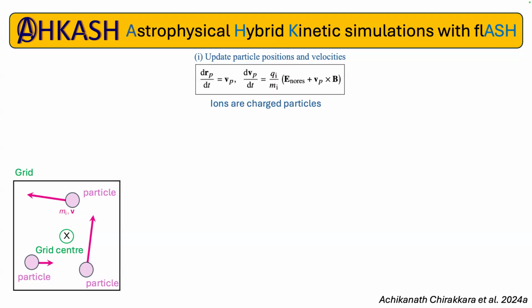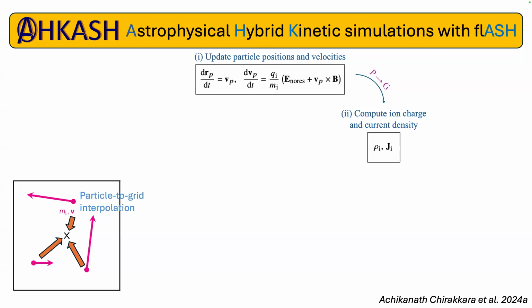Their velocities can evolve because they interact with electromagnetic fields, and if their velocities change, their positions are changed. That is the equation of motion. Once that happens, the charge and current densities on the grid itself change. So you have to tell the grid that the particles have moved and properties of the particles have changed. So you get these properties at the grid centers.